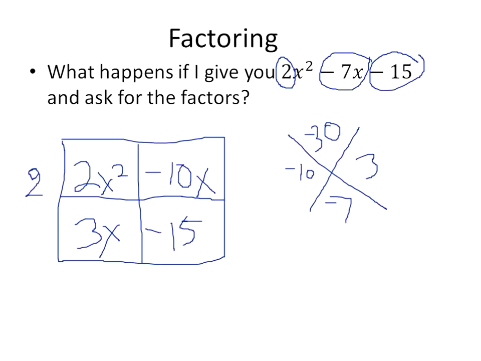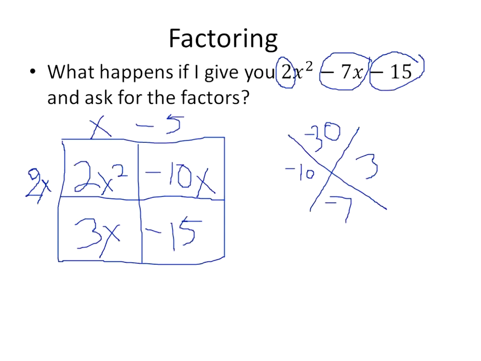How about the x part of it? They need an x, okay? So if that's 2x, what goes up here? X, good. What would go up here? Negative 5, okay?